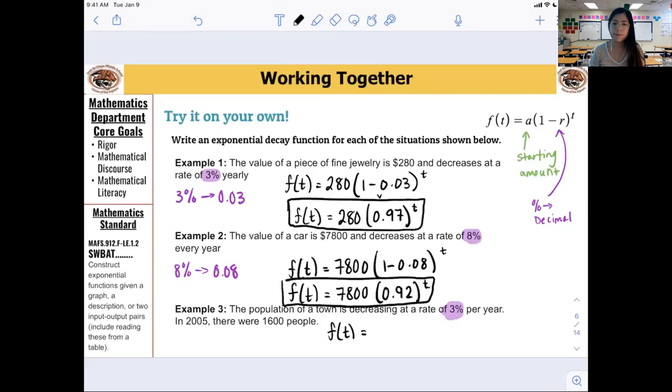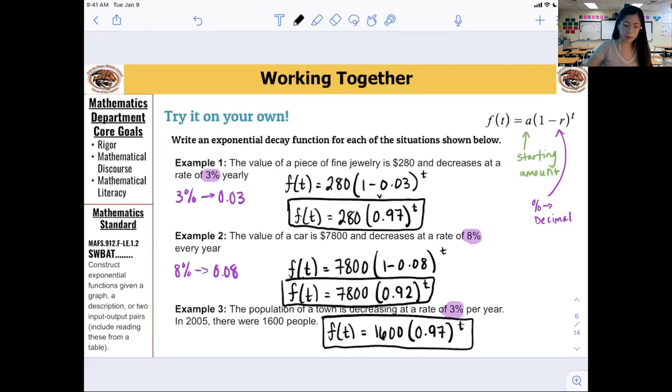T would be 1, right? Because per year. T is t. We're not changing the value of our t. So just the final function, just like the last 2 examples. Then 1 minus 0.03. So what am I boxing? 0.97, yeah. Good. To the power of t.